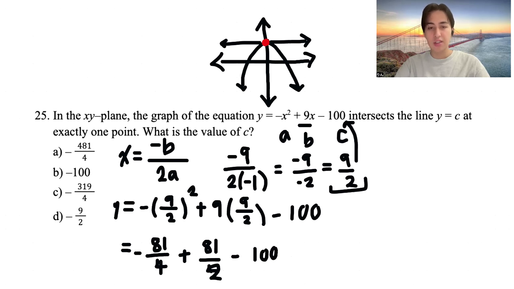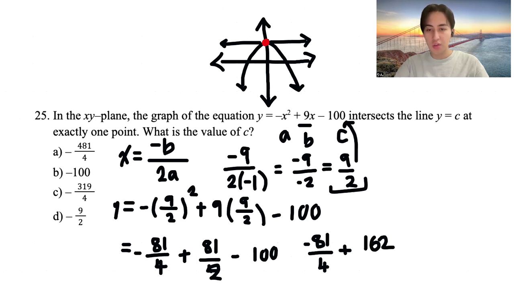You want to simplify this further by finding the common denominator, which is 4. So this will stay the same, negative 81 over 4, plus you multiply by 2 on the top and bottom of 81 over 2.